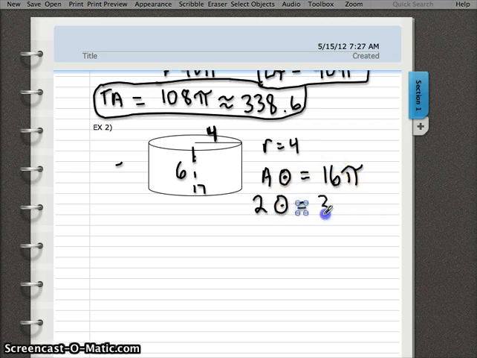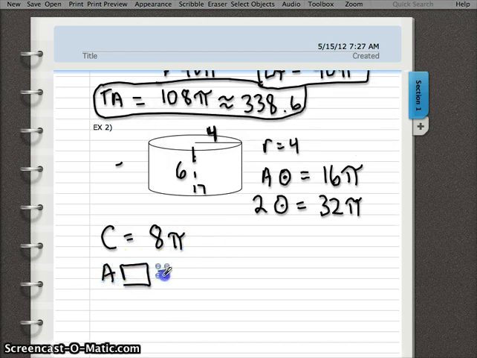So doubling that would give us 32 times pi. The circumference of our circle is either double this or times the diameter times pi, which is 8 times pi. And if we multiply by the height, we get the area of our rectangle. So 8 pi times 6 gives us 48 times pi.